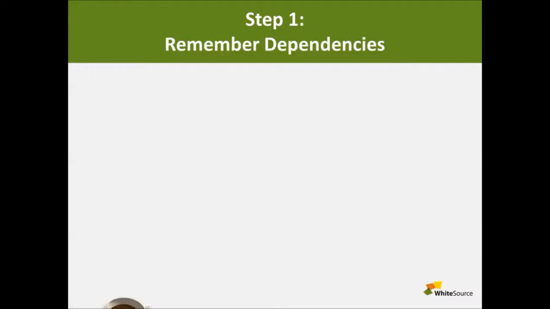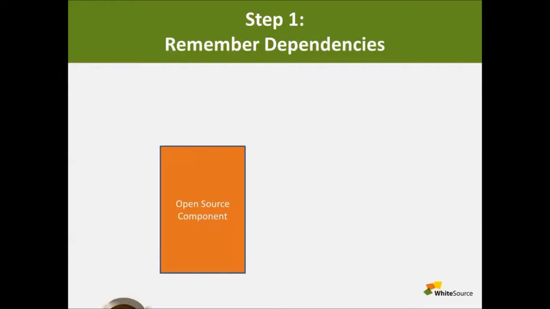So first things first, you need to know which open source components your developers brought in, embedded into your software, and are now an integral part of whatever you are developing and distributing.